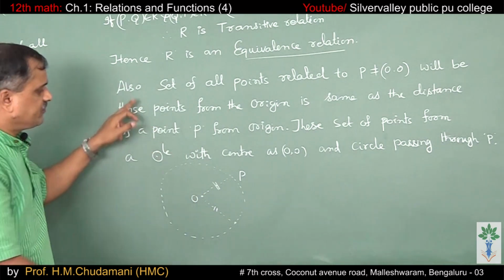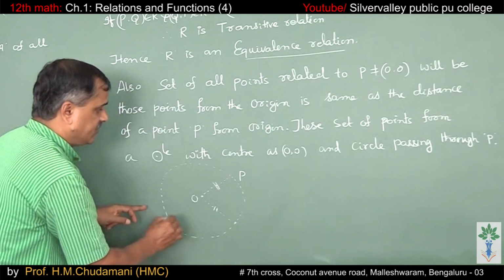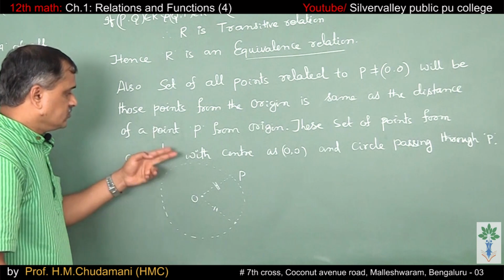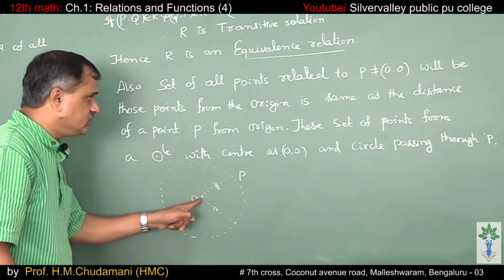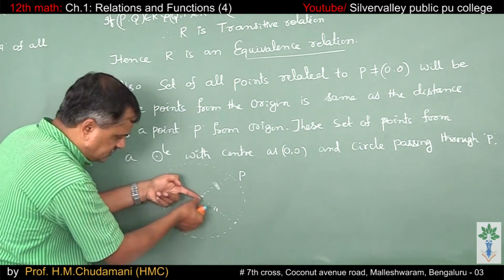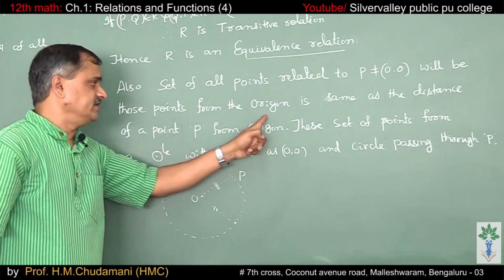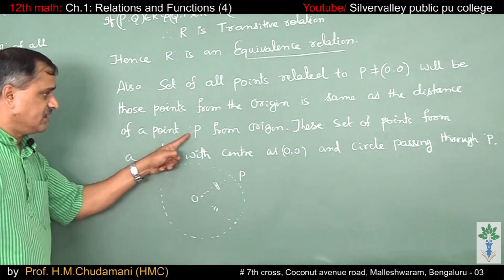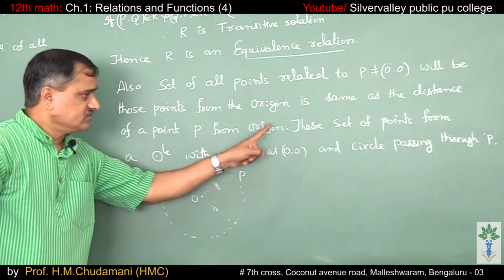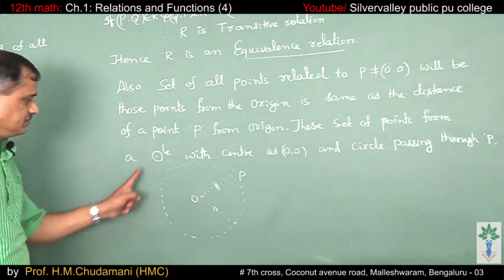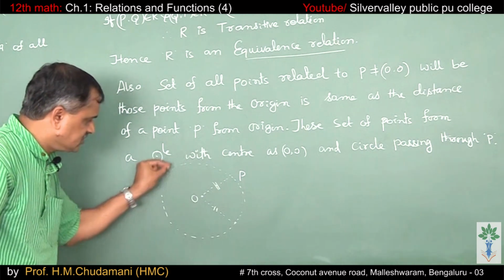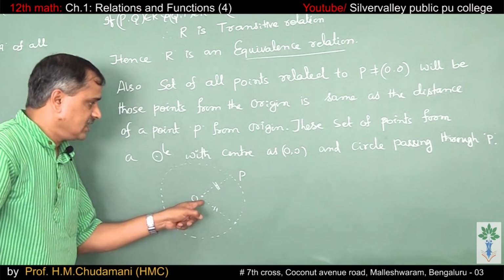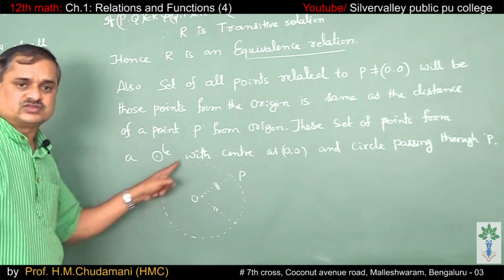So that means the set of all points related to P, other than the origin, will be those points whose distance from the origin is the same as the distance of the point P from the origin. So this set of points forms a circle with the center at origin and the circle passing through the point P.